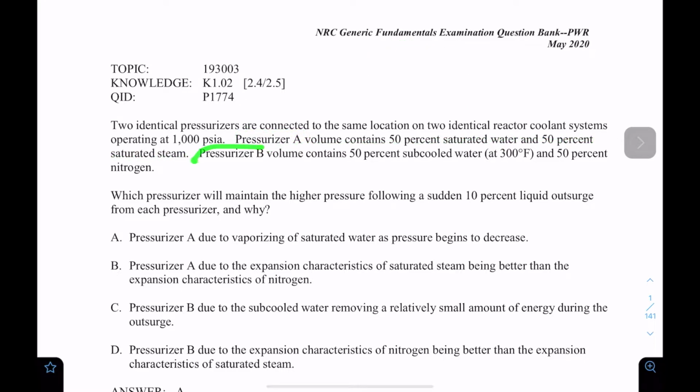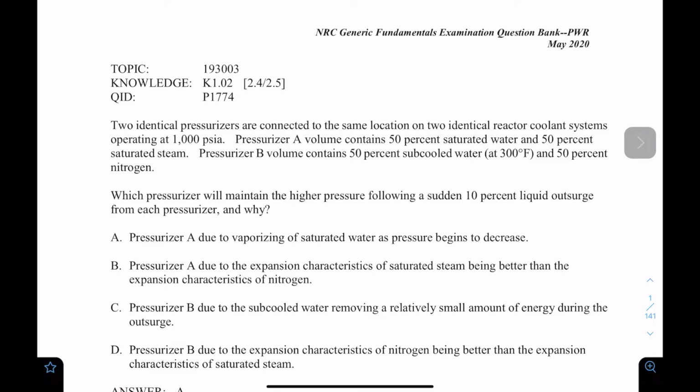And then we have pressurizer B. Its volume contains 50% subcooled water at whatever temperature, doesn't matter, and 50% nitrogen. What does this pressurizer look like, right? This pressurizer is like the other one, right?